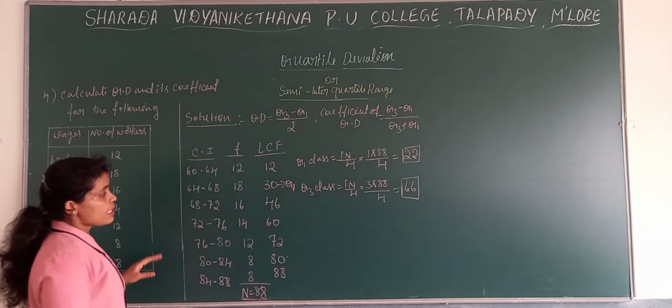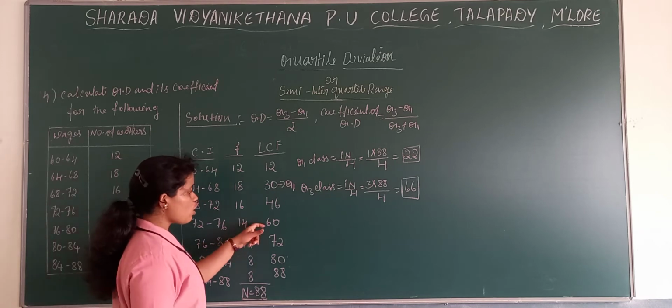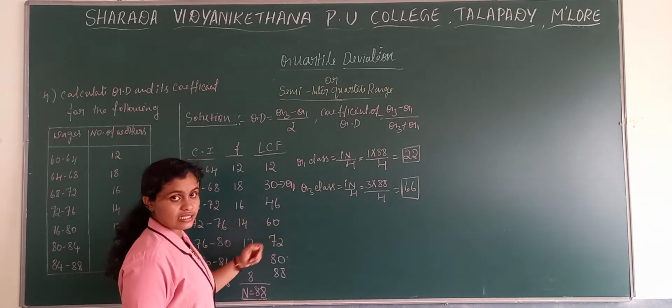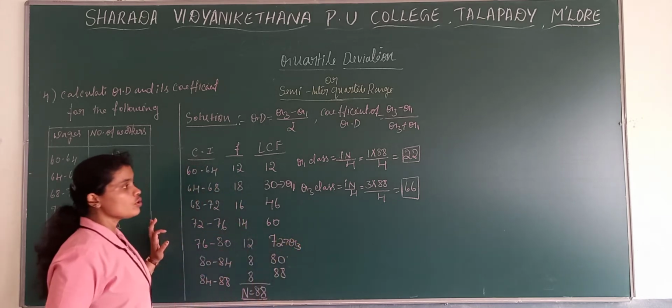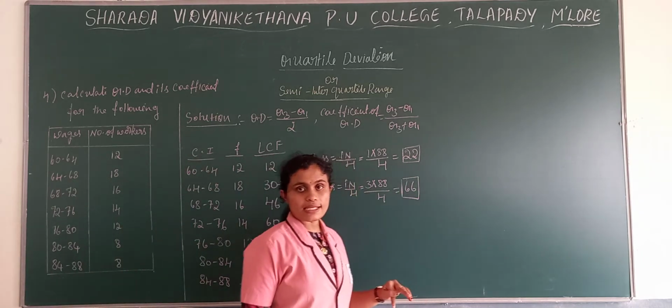Where does 66 fall? It falls under 72. It does not fall under 60, because 66 is greater than 60, but it is lesser than 72. So this is your Q3 class. Now you have defined both the classes.